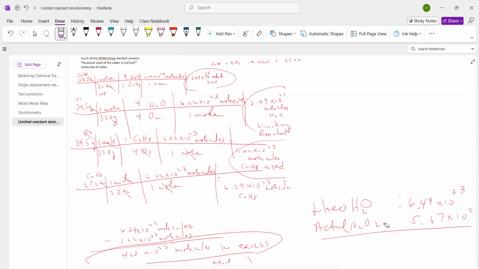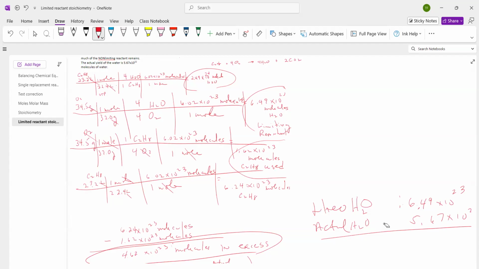Yes. Working with water because that's the product. Okay, we're supposed to be working with product. No. We're using oxygen to burn it, not produce it.